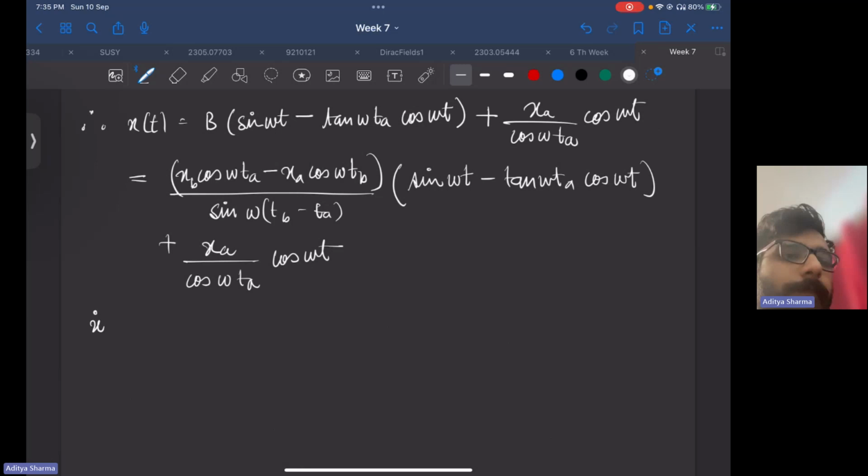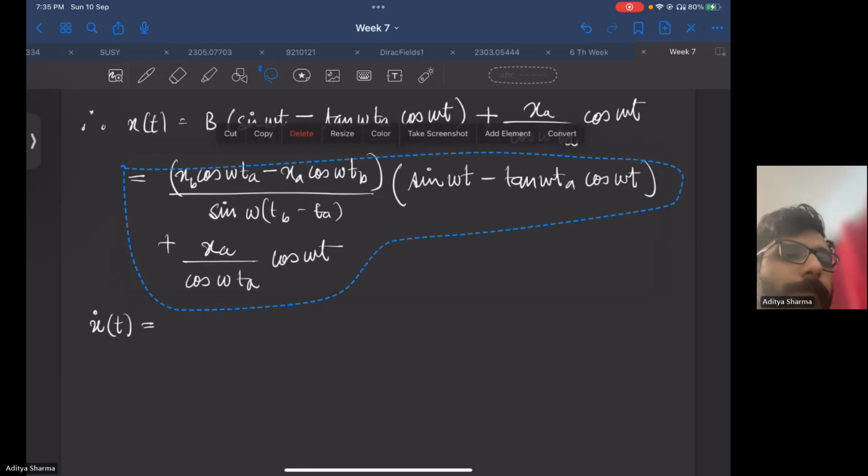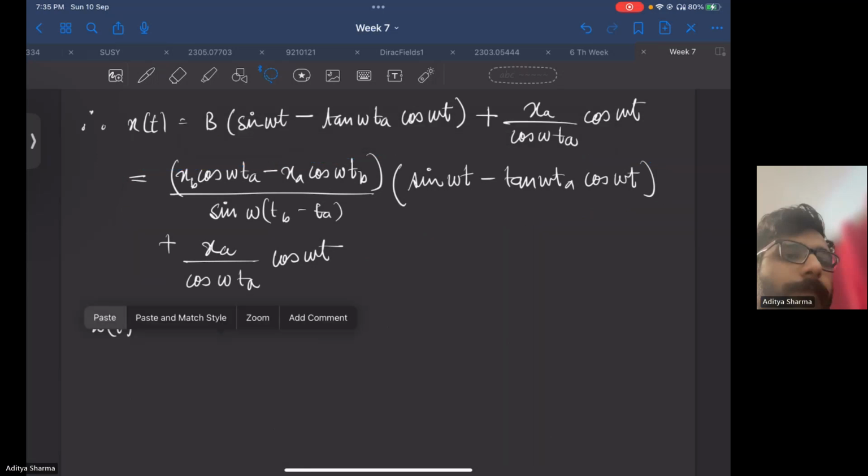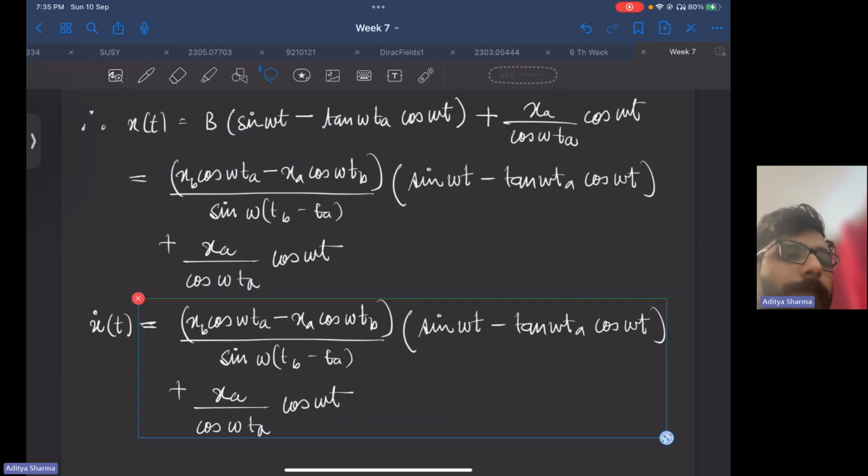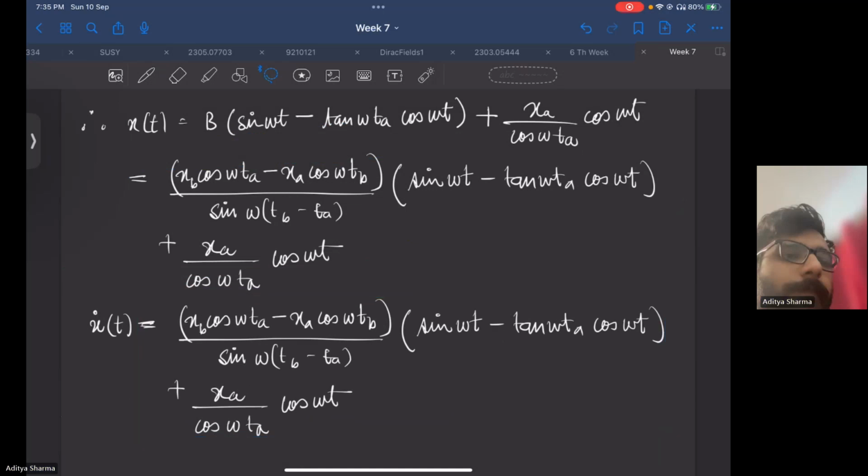X dot of t is, I'm going to copy the whole thing, and this is easy because we're going to have an omega, and only these functions are going to change.